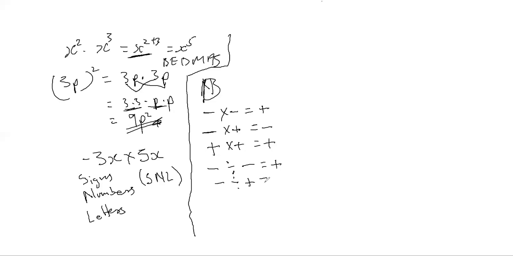But if you divide a negative sign by a positive sign or a positive sign by a negative sign, you will get a negative. If you divide a positive sign by a positive sign, you will get a positive. This is very crucial because there will now be tricky examples that will be introduced, and you will need to remember this.